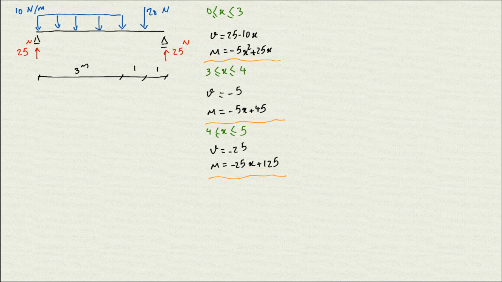Okay, I redraw that beam, and these are the equations we have for every section, and then I'm gonna draw the shear and moment diagram. So first I will start with the shear diagram.